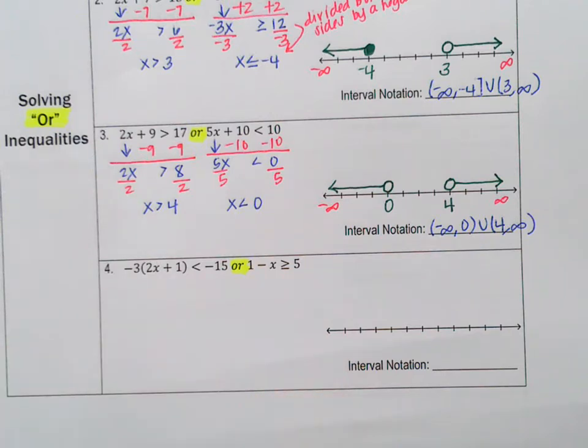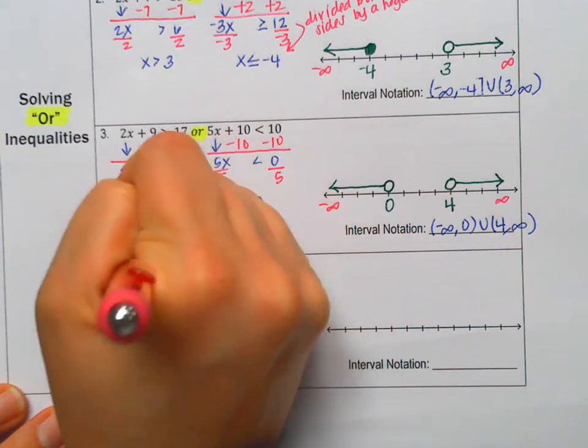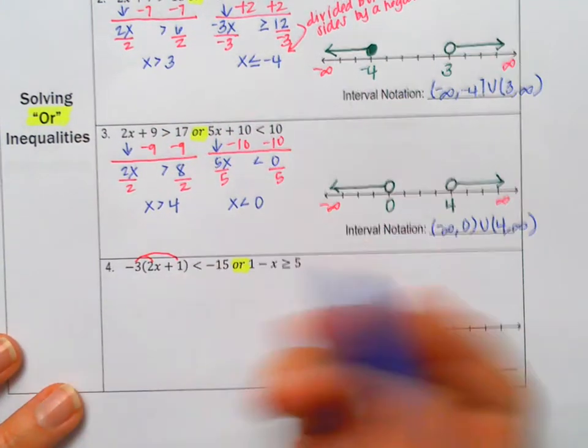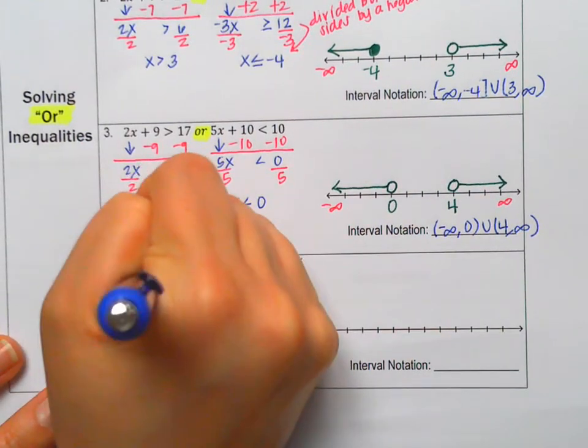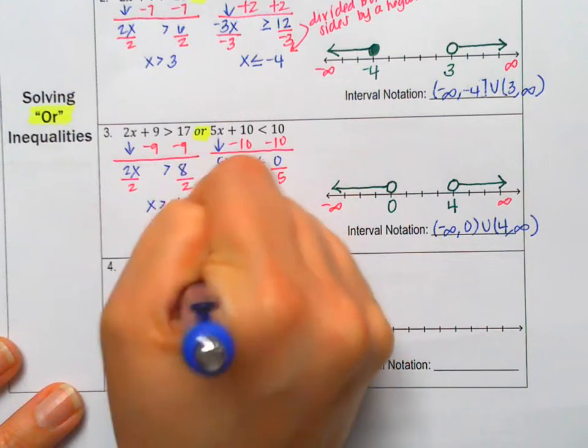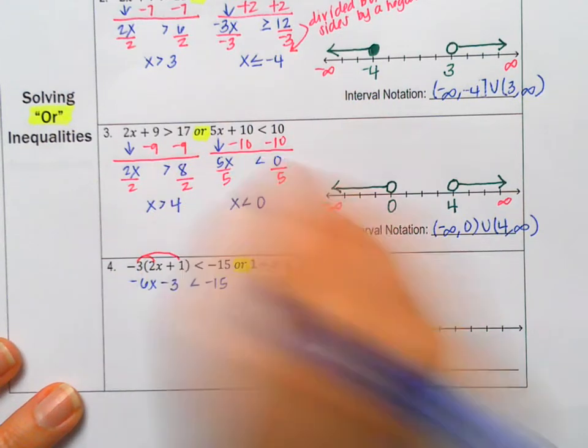If you did divide both sides by -3, remember you're dividing both sides by a negative, so you'd have to flip the inequality symbol. But what I'm going to do is just distribute the -3 to the 2x and to the 1. So -3 times 2x is -6x, and -3 times +1 is -3. Is less than -15.